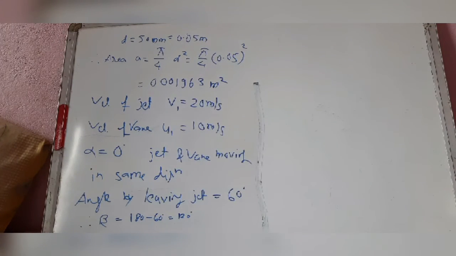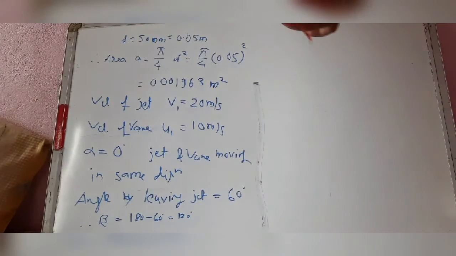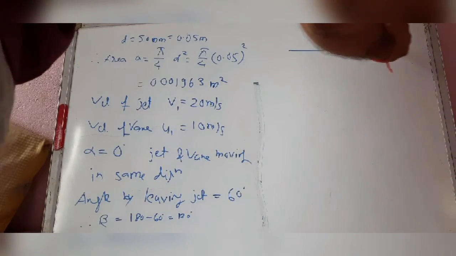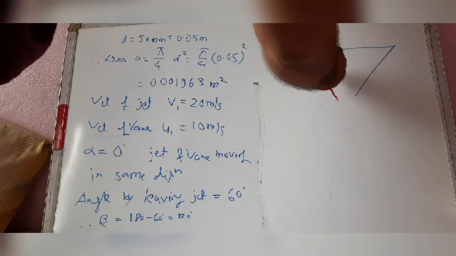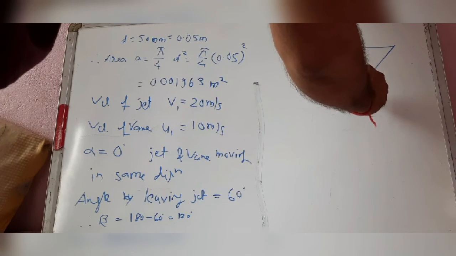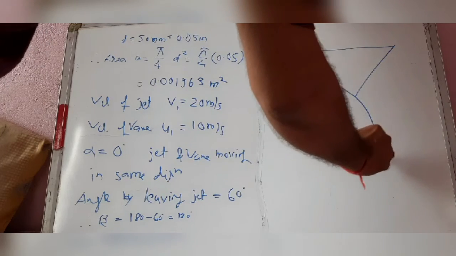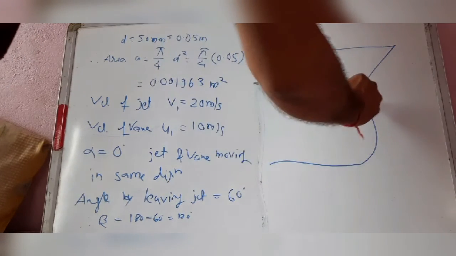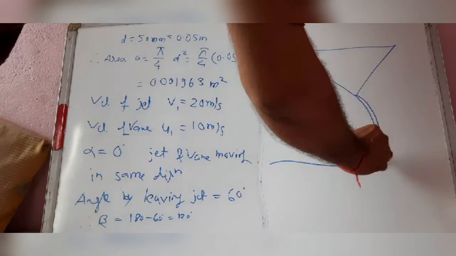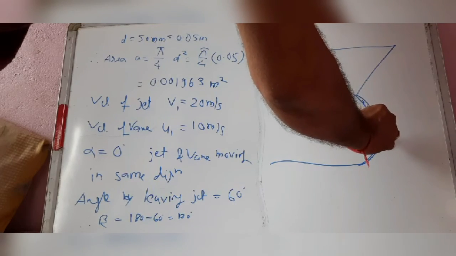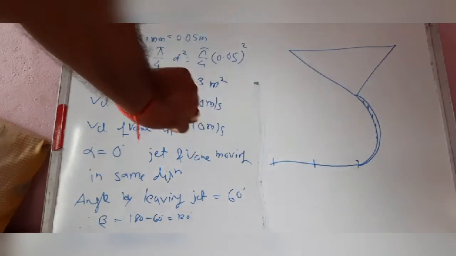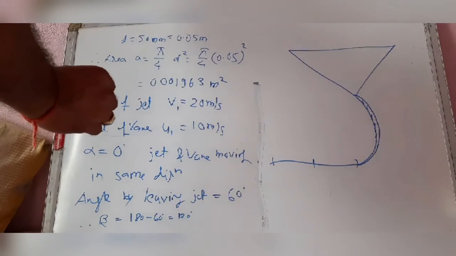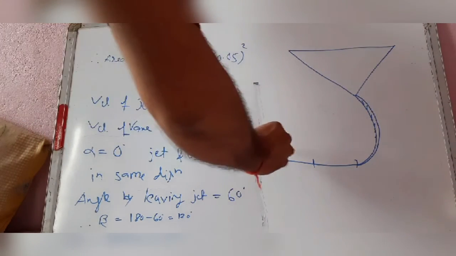But it is clear when we make the diagram. This is the outlet triangle, this is the vane, and this is the inlet. In the inlet there is no triangle because alpha is 0, so all vectors are in one line.